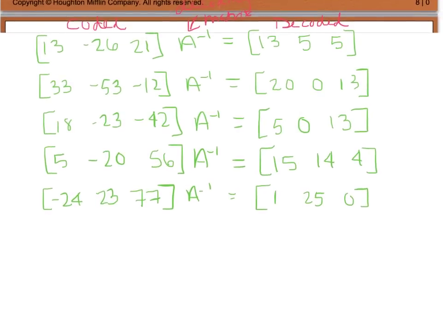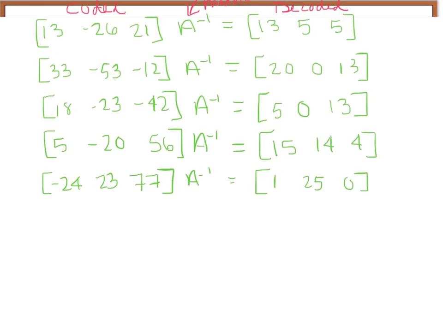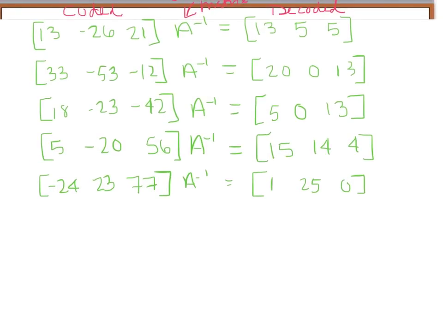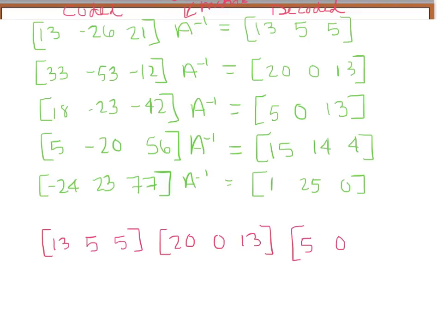So I'm going to take my decoded matrix then, and if I lay them out side by side, let me get back to my pen here. I see that I have 13, 5, 5, put that next to 20, 0, 13, then I have 5, 0, 13, and you're going to continue on with this. I'm going to stop right there for now.